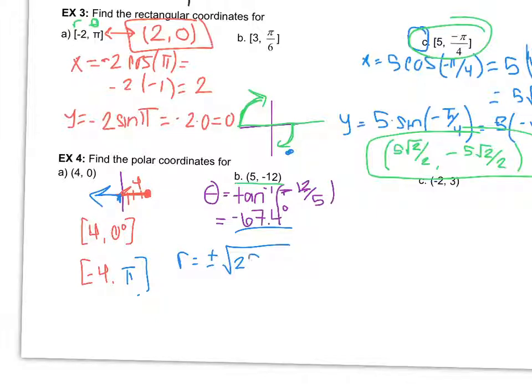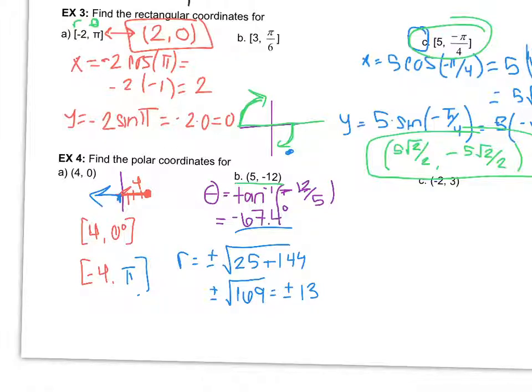So that's 25 plus 144, which is the positive or negative square root of 169, which is the positive or negative radius of 13.